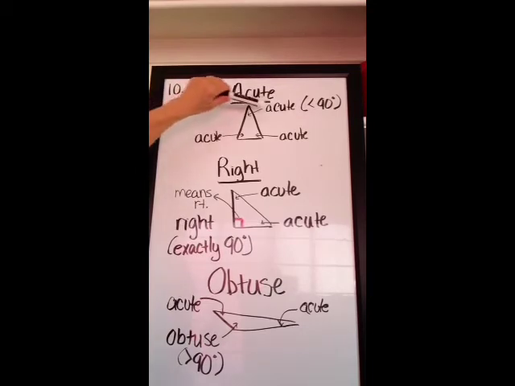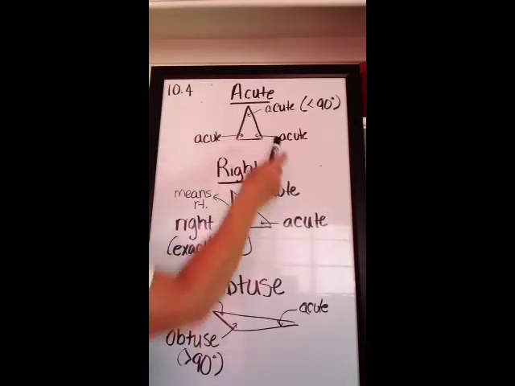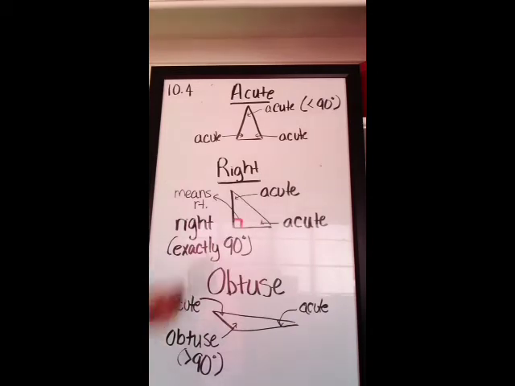An acute triangle has 3 acute angles. Acute, remember, means less than 90 degrees. So every angle in the triangle is less than 90 degrees. A right triangle has a 90-degree angle, or a right angle. So it has an acute, and a right.